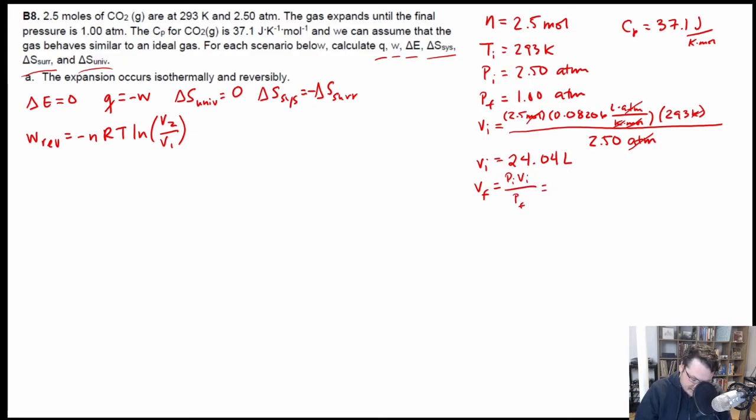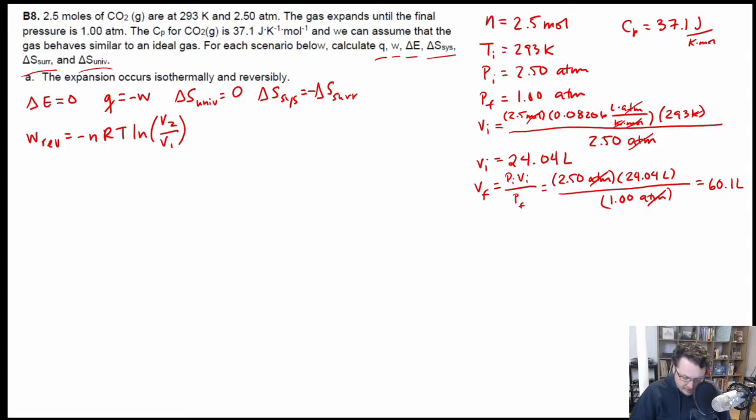P initial is 2.50 atmospheres times the initial volume of 24.04 liters, divided by the final pressure of 1.00 atmospheres. Atmospheres cancel, we get liters. 2.5 times 24.04 divided by 1 comes out to 60.1 liters. That's what we get for this expansion.